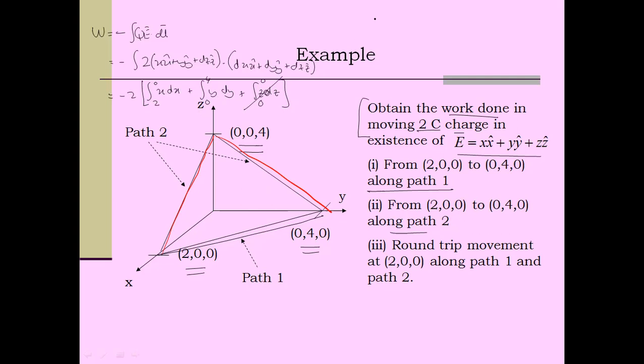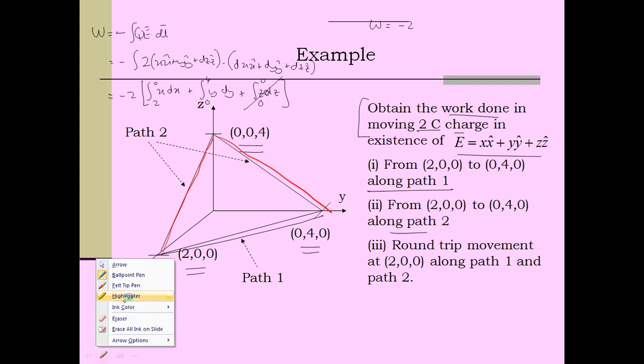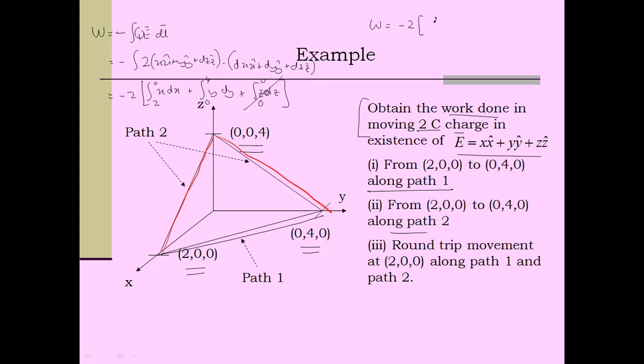So we can write that the work will be equals to -2, and then we have x squared over 2 from 2 to 0, and then we have y squared divided by 2 from 0 to 4.